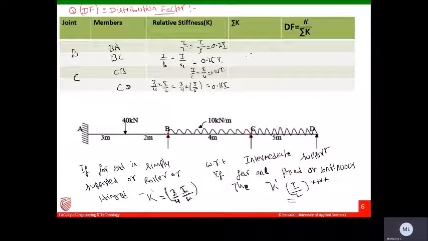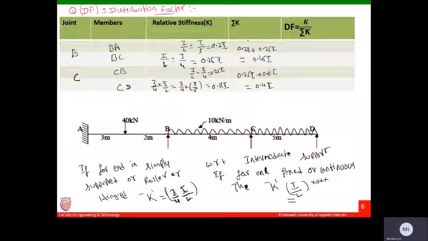So at point B, it will be 0.2 I plus 0.25 I, which is 0.45 I. Then at C, 0.25 I plus 0.15 I, which is 0.4 I.